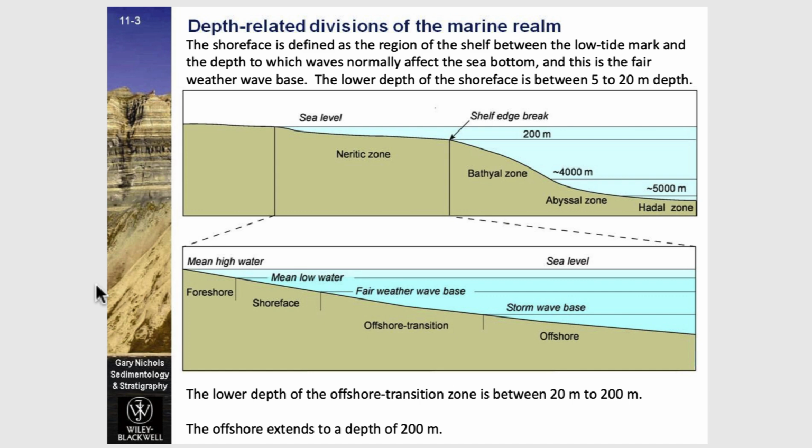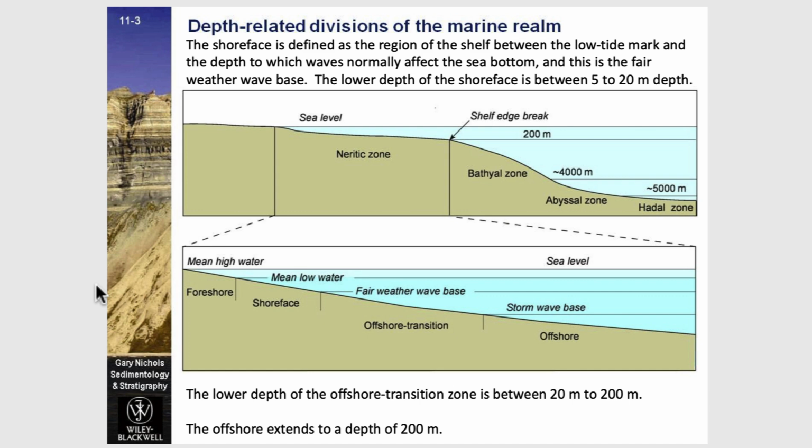The foreshore instead will get periodic exposure, so you can walk basically on the foreshore, which is essentially a beach, for example. So in the shoreface, then you have still the action of superficial waves, but it's more limited until you reach the limit, which is the fair weather wave base, in which we move into the offshore transition zone, where we don't have really a lot of action of superficial waves.